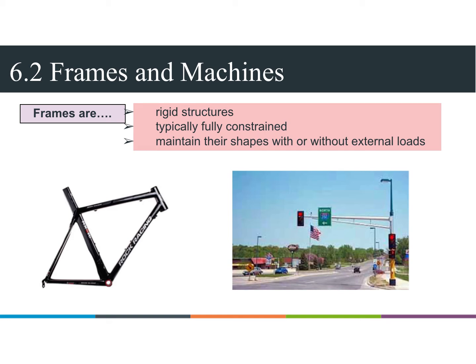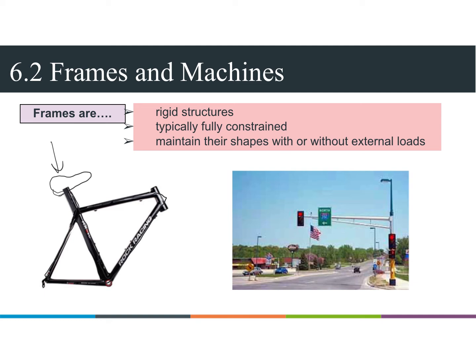If we sit on the bicycle, let's say we have a seat here, people sit on this. Whether we apply the load or not, the shape of the frame remains the same.